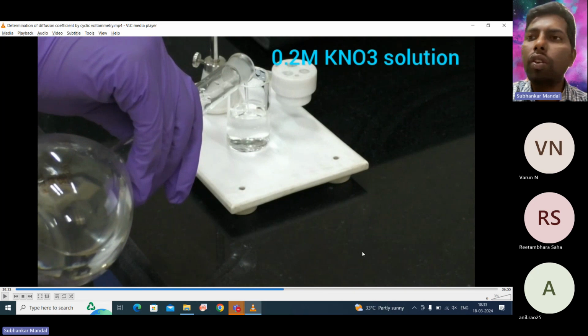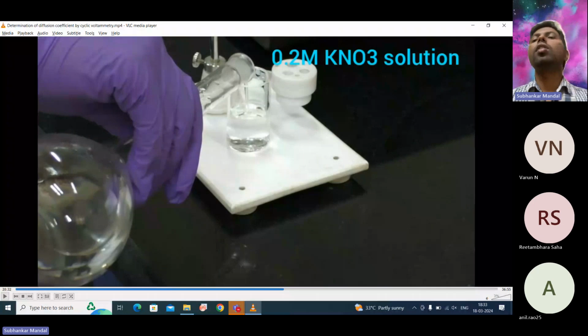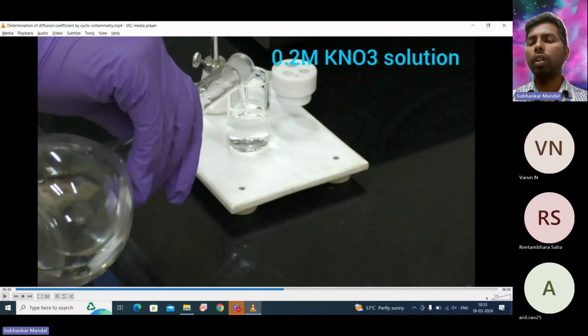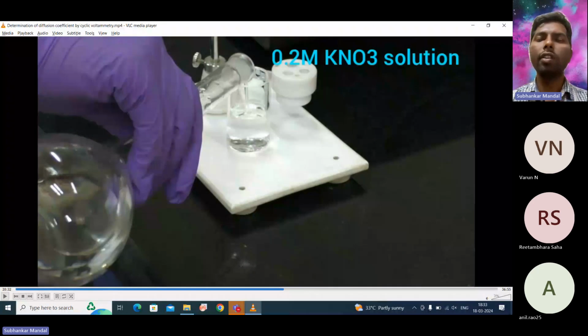And we are pouring the supporting electrolyte first, because as we have discussed earlier, your supporting electrolyte should not show any redox couple in the potential range where your analyte will show its redox couple. Here our analyte is different concentrations of potassium hexacyanoferrate.